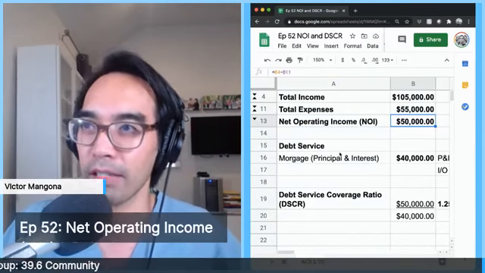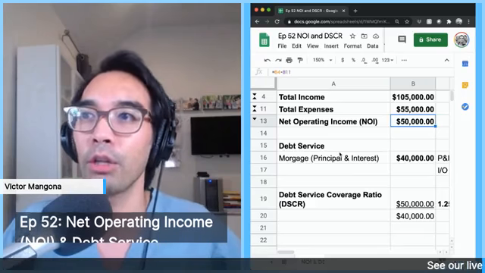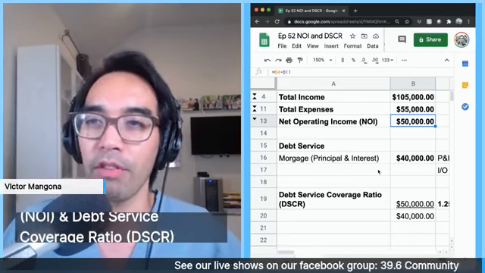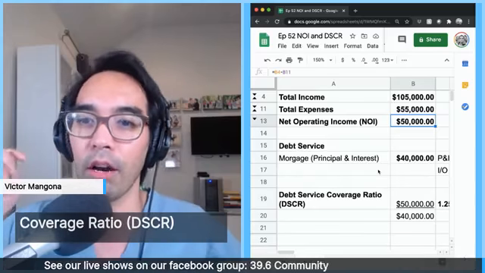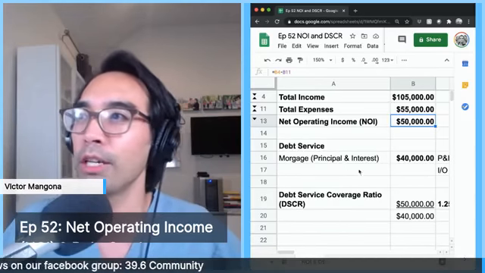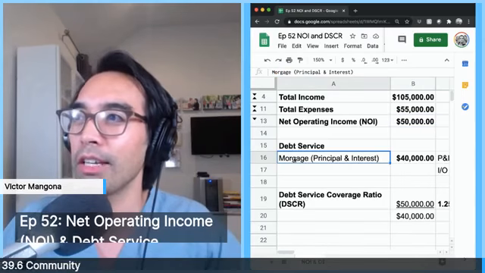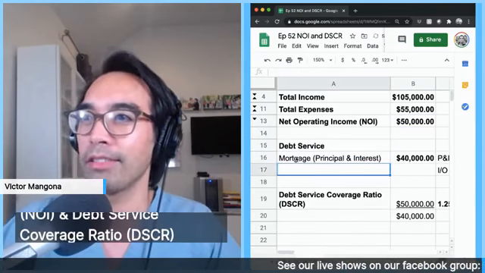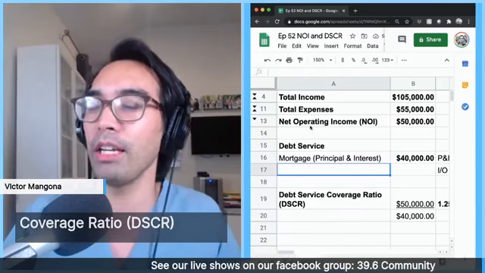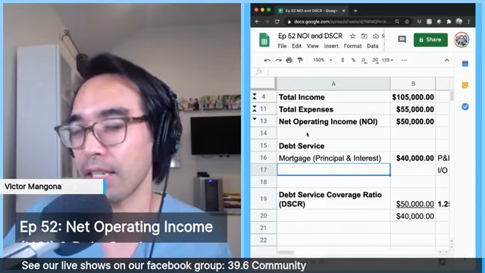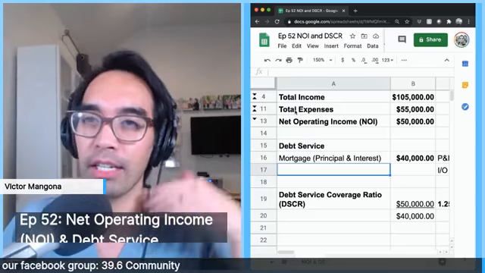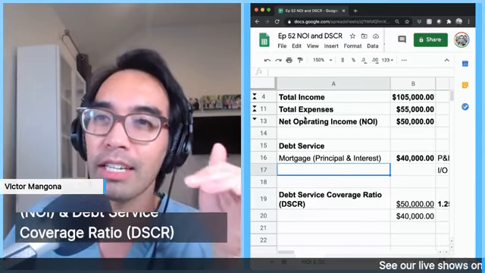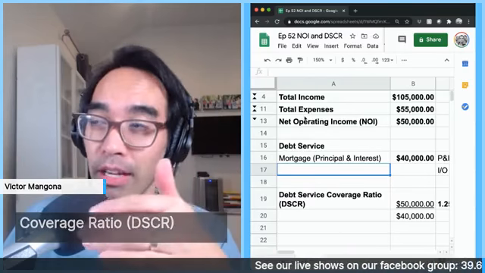Now, debt service is your mortgage payment, and here I have it listed as principal and interest. It's very important that when you're underwriting a deal, you do not put your mortgage in the expenses from above. When you're doing your taxes, the mortgage interest is included in your total expenses, and that gives you your taxable income.